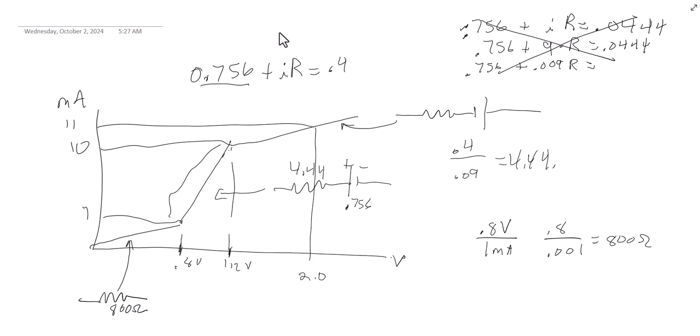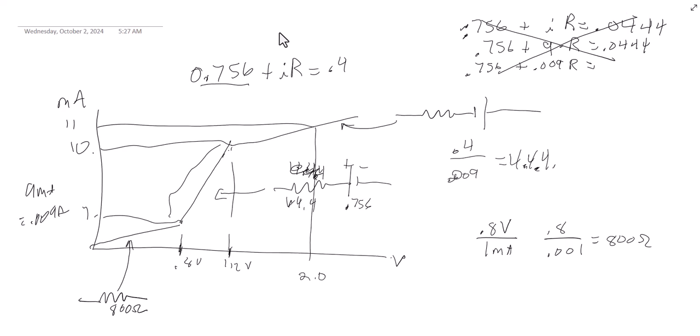This was supposed to be 0.009, which would make it 44.4. To say where this came from, this is 10 minus 1, that's 9 milliamps, which is 0.009 amps.